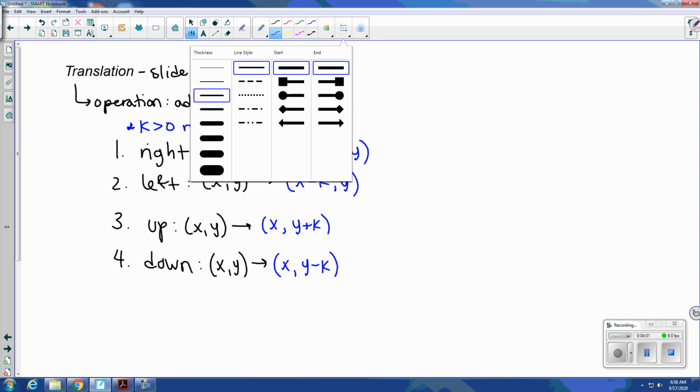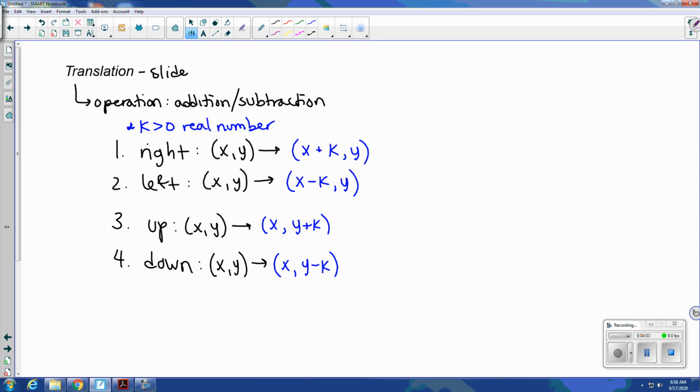So we'll just take one more note off to the side. These first two, those are horizontal, and therefore that is controlling the x coordinate, right? The last two are vertical movements, which is why we're only altering the y coordinate.